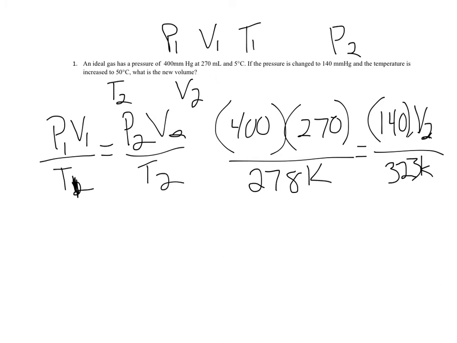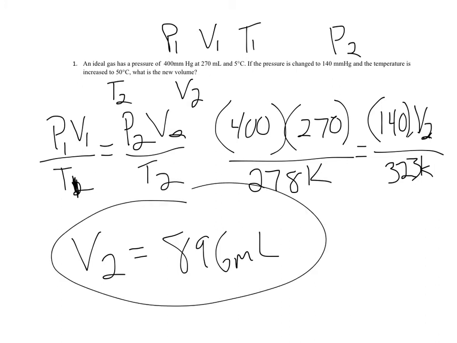So when I multiply all that math out, I find that the new volume is 896 milliliters. So you would do 400 times 270 times 323, and then that's divided by 278 times 140, and that gives you V2.